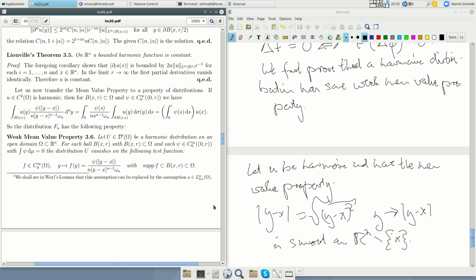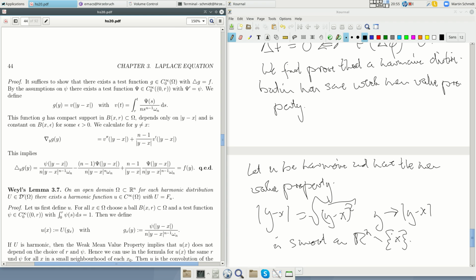It has this support, and then now the weak mean value property is that a distribution vanishes on all these functions, with these properties, where psi has this property and this property. This is the weak mean value property.